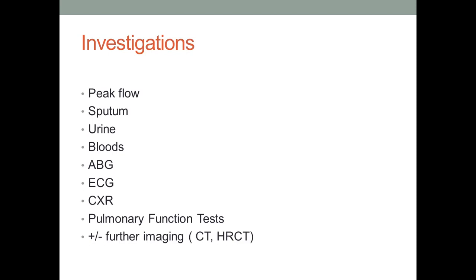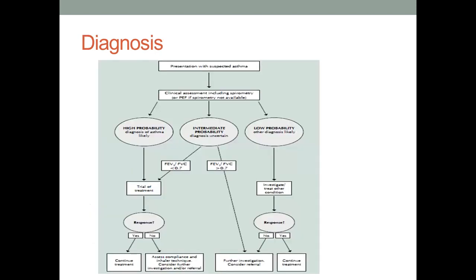Chest X-ray will be normal in asthma, or sometimes in chronic persistent asthma may show hyperinflation. And pulmonary function test is done to know the severity of asthma and also to confirm the diagnosis of asthma. Sometimes CT and HRCT are done, but not required routinely.